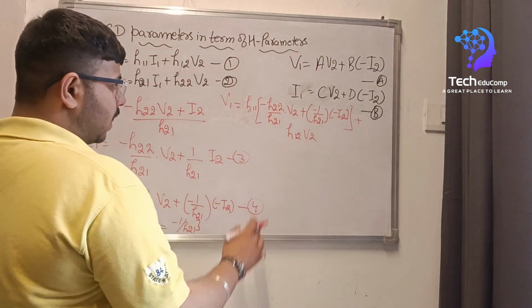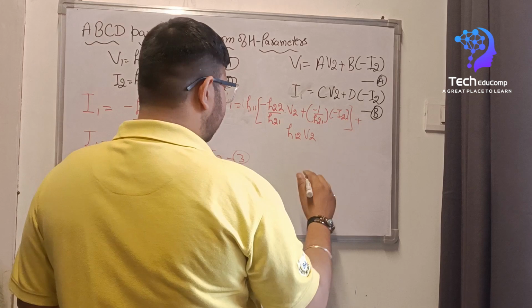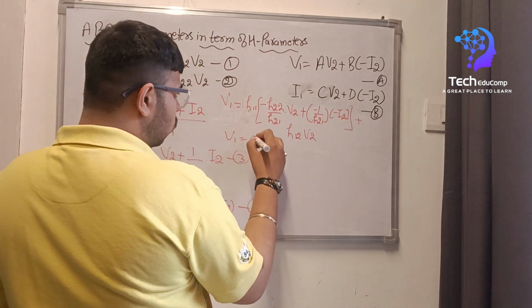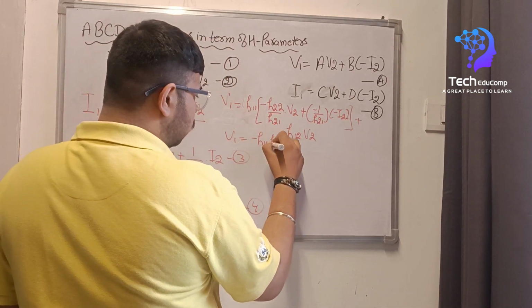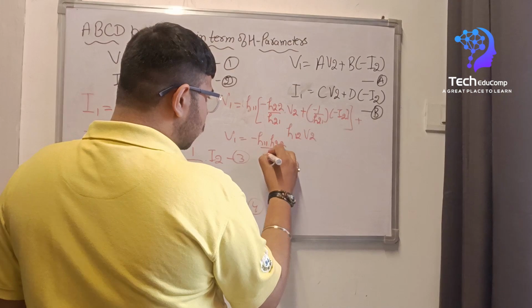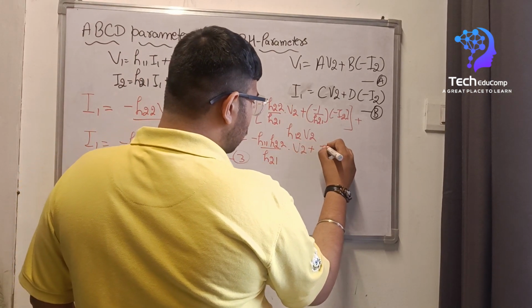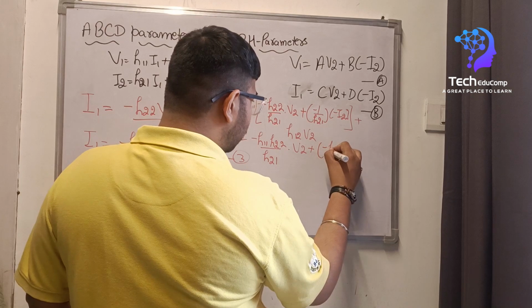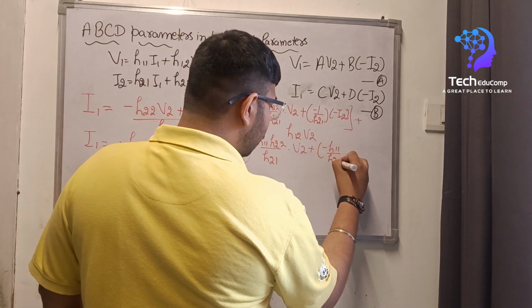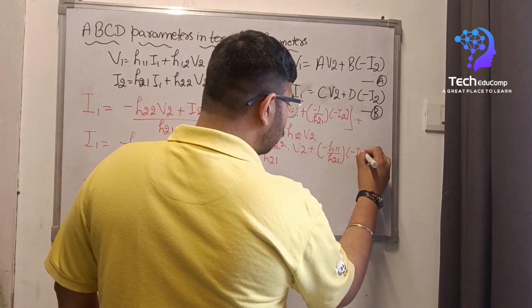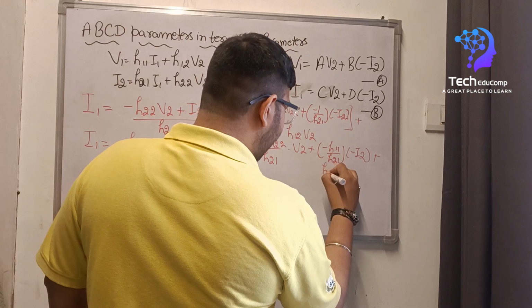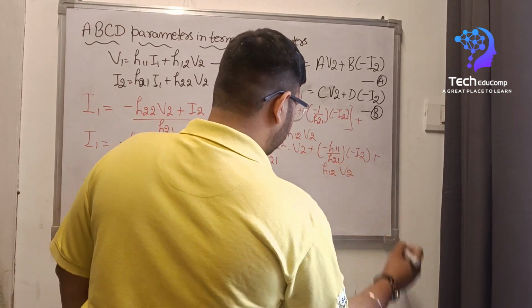Now I will take H11 inside. It will be V1 equal to minus of H11 H22 upon H21 into V2 plus of minus H11 upon H21 into minus of I2 plus H12 into V2.